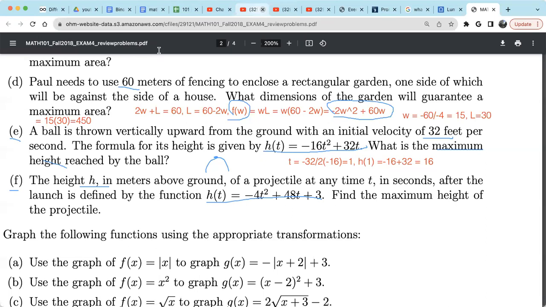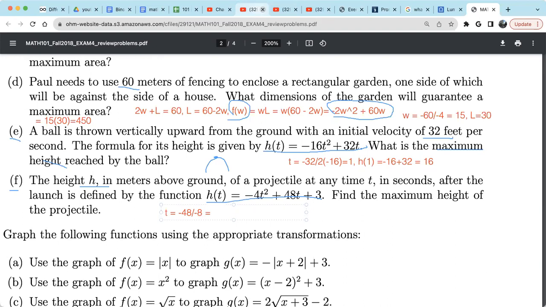Okay, again, we need to find the vertex. The vertex t equals negative b over 2a, which means the number before t is 48, so negative 48, divided by 2 times negative 4, which is negative 8.